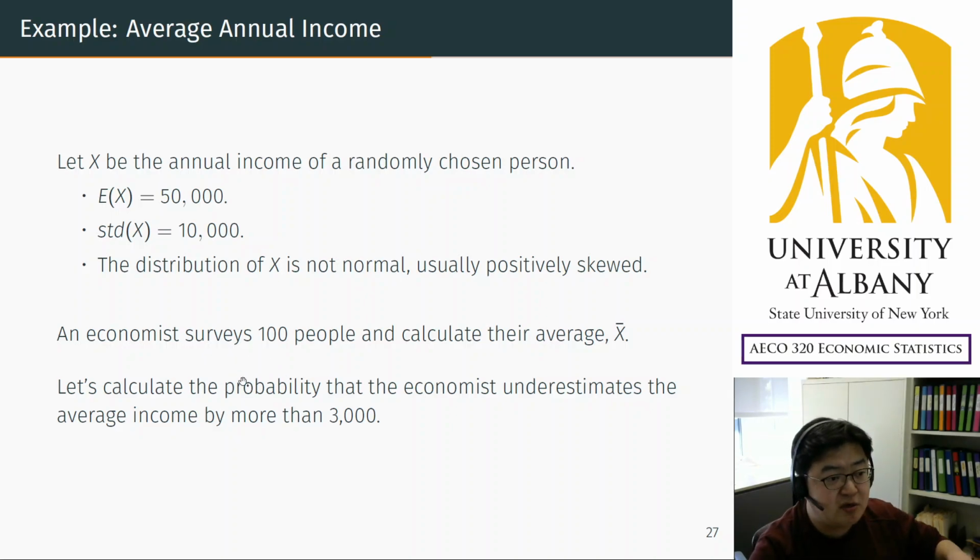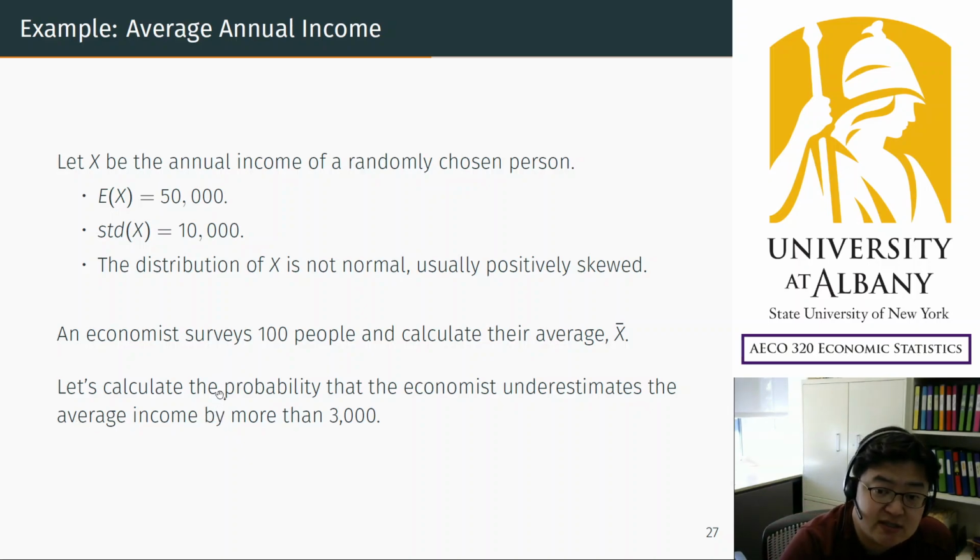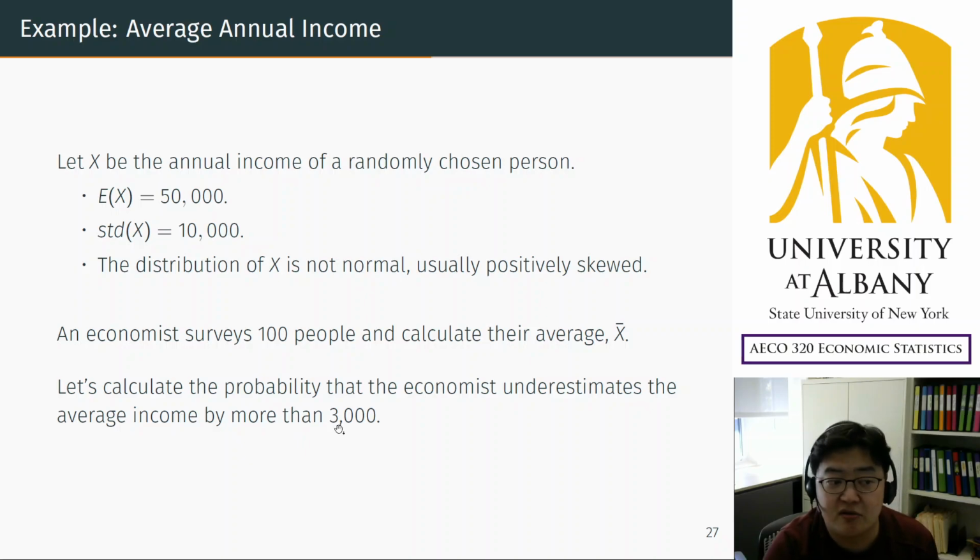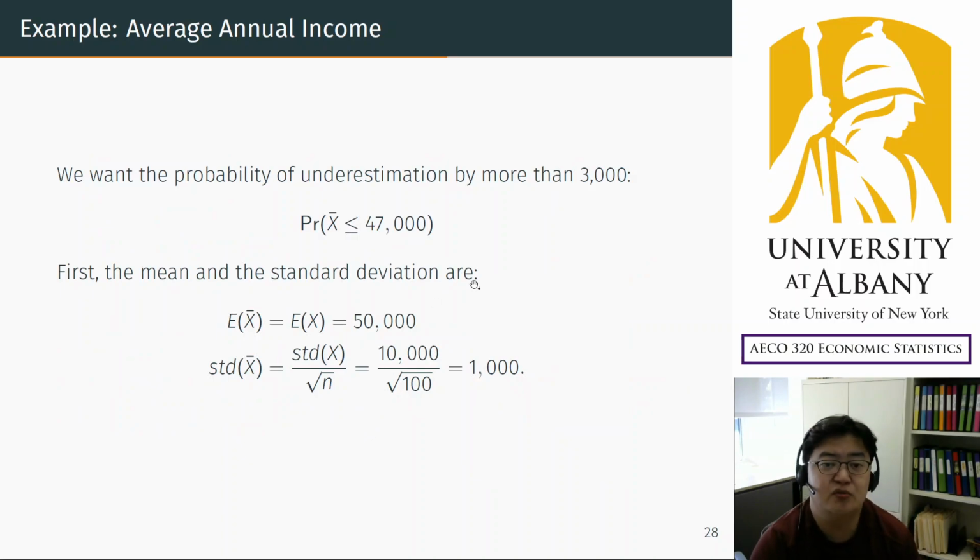Now what we can do here is calculate the probability that this economist's average is underestimating the true average by more than $3,000. Right? Let's see what we do.